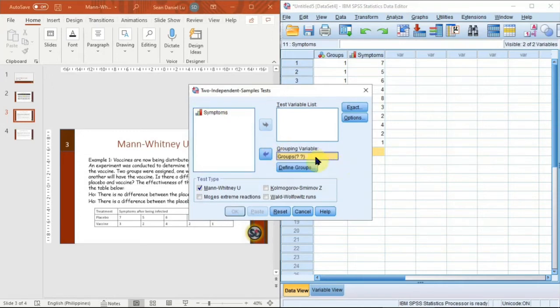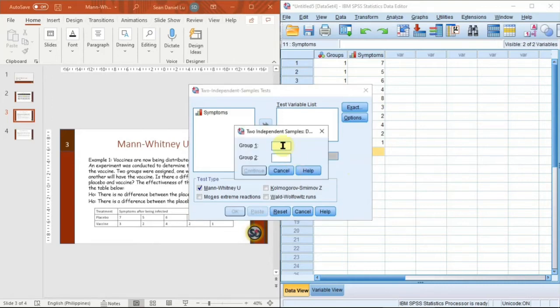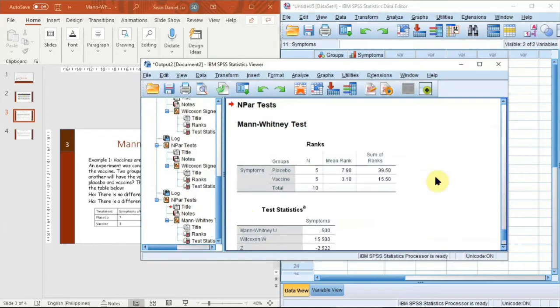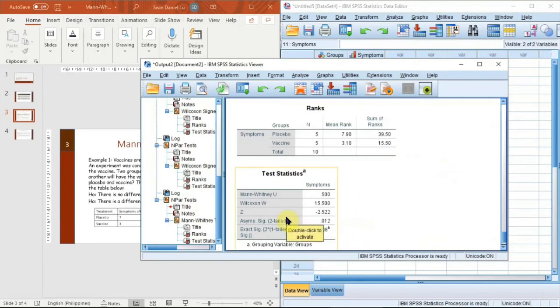Since this is a dichotomous variable, I'll define groups into 1 and 2. I'll put symptoms into the test variable list, and I'll make sure that the test type is Mann Whitney U. Let's press OK. Now you'll be given two tables, the ranks and the test statistics.